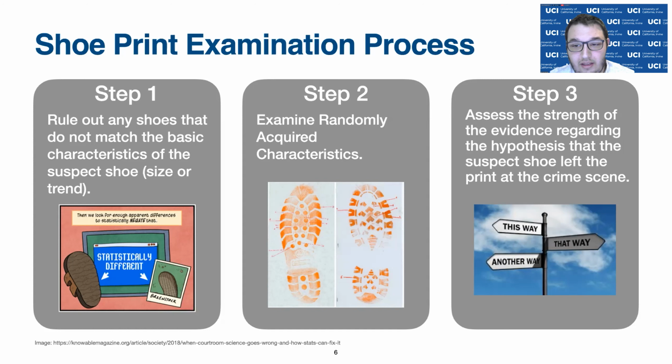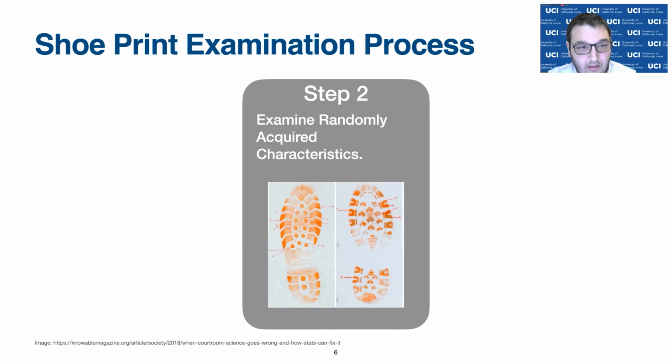And then finally, putting all this evidence together, a decision is made based on the strength of evidence, whether or not the suspect's shoe left the print at the crime scene. And again, this is not necessarily everyone's path of a shoe print examination. In the particular data that I'll be using, this is how it is done. And again, I'll be focusing on randomly acquired characteristics.